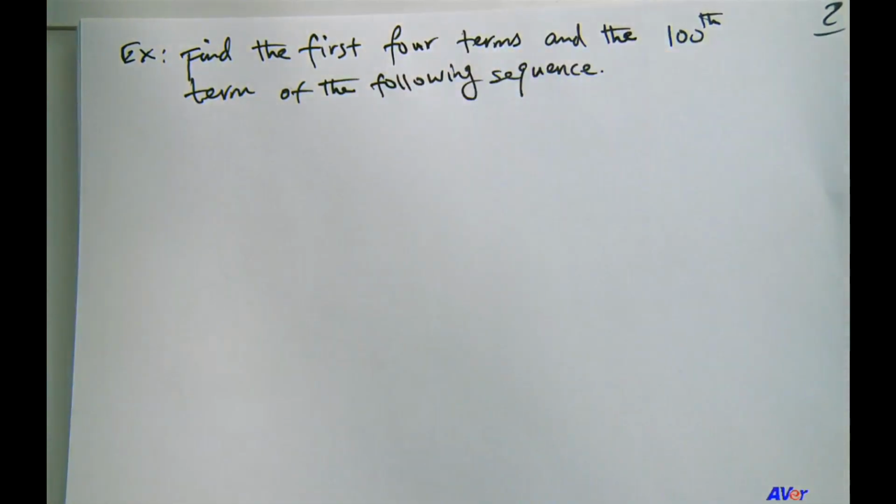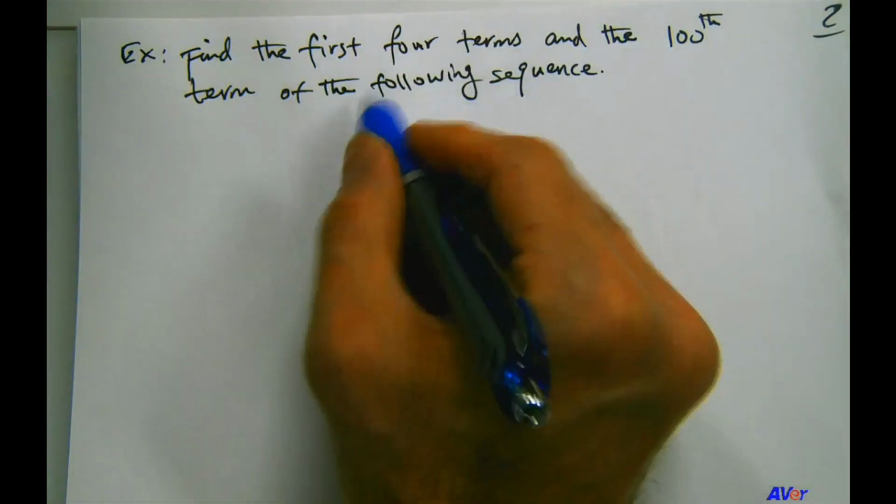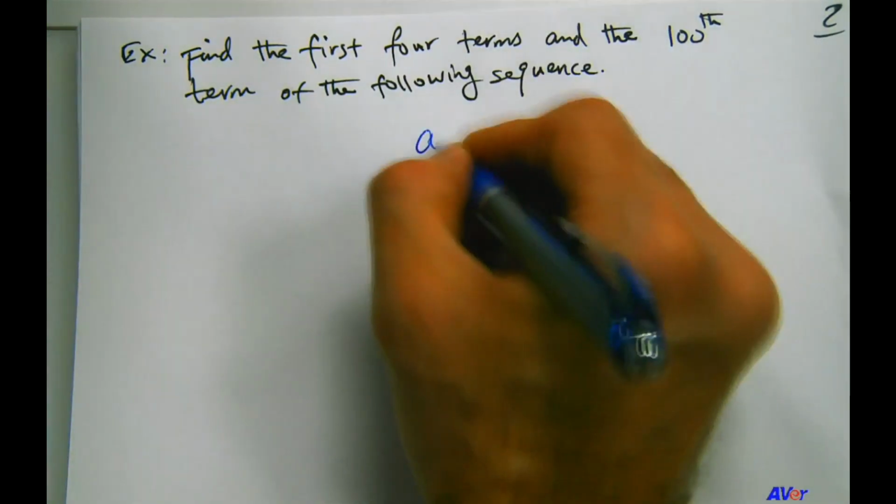So here we want to find the first 4 terms and the 100th term of the following sequence. And here's the sequence.